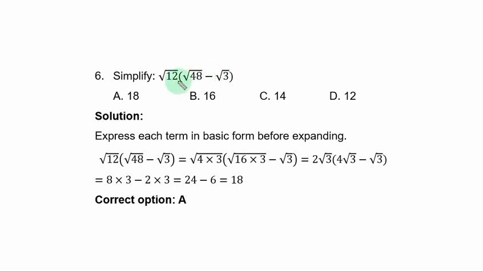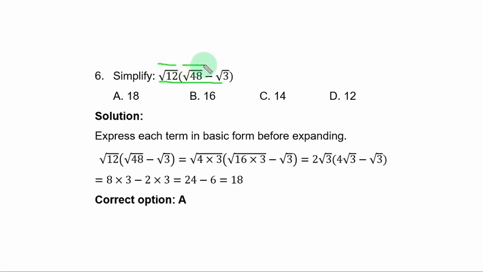Question 6. Simplify root 12 bracket open root 48 minus root 3. Solution. Express each term in basic form before expanding, especially root 12 and root 48.